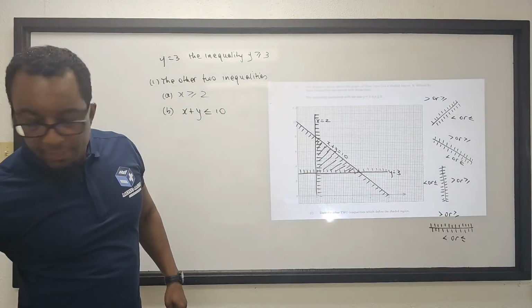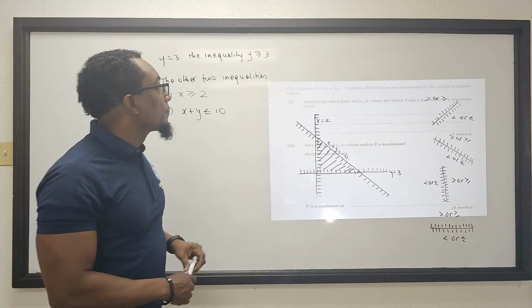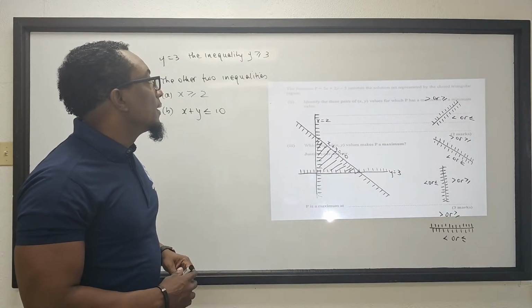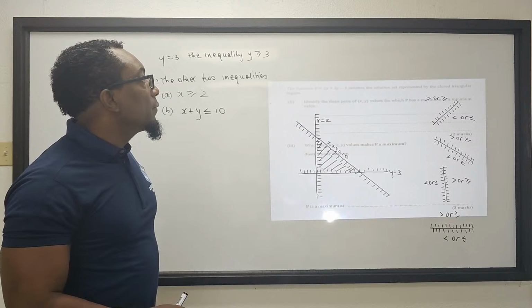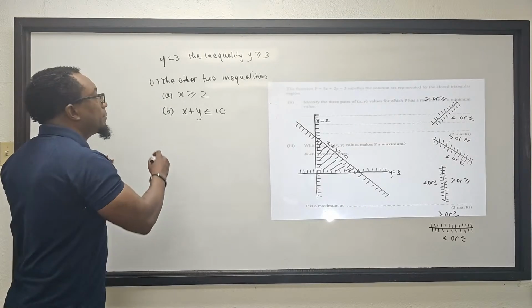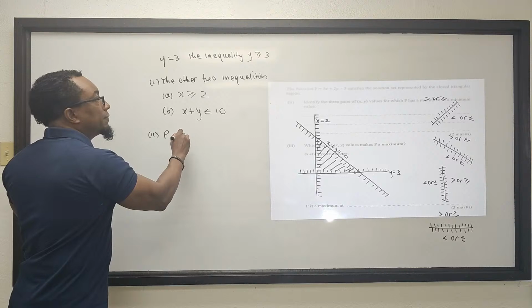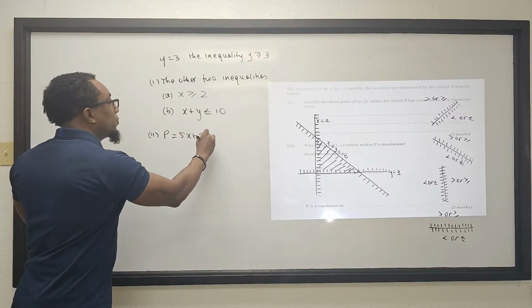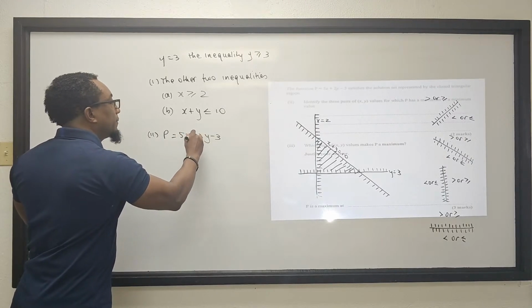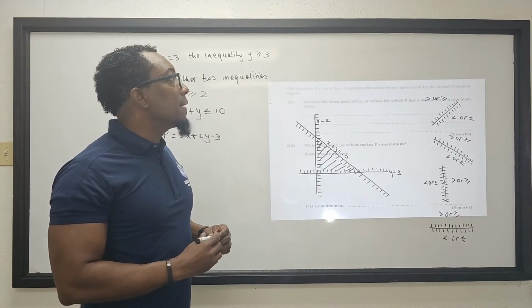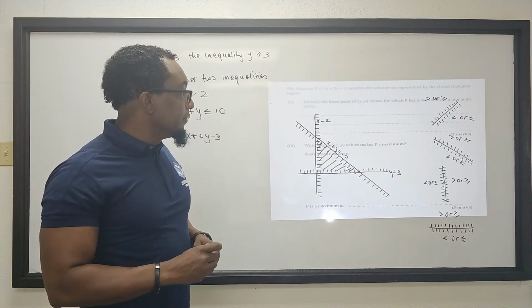Right, let's look at the next. So the other part of this question, part 2, says the function p equal to 5x plus 2y minus 3 satisfies the solution set represented by the closed triangular region.